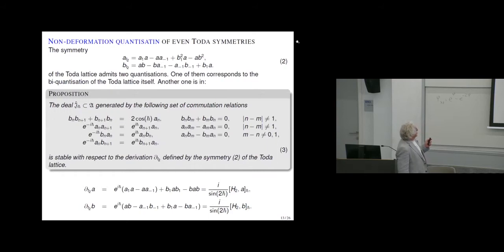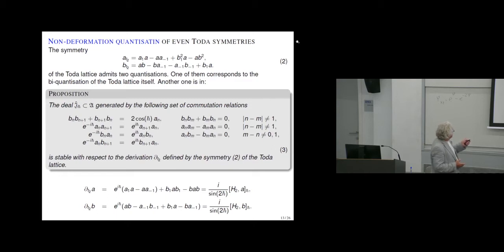Now I want to talk about non-deformation quantization, because when I defined my stuff, I didn't say a word about Hamiltonian structure, about Poisson brackets, about things like that. So they don't play a role. Let's consider not the Toda equation, but the next equation in the hierarchy of Toda. Toda doesn't have this thing. But the next term in the hierarchy, which commutes with Toda, and there are infinitely many of these terms, the so-called even terms, corresponds in the Hamiltonian to even powers. So there is an even sub-hierarchy.